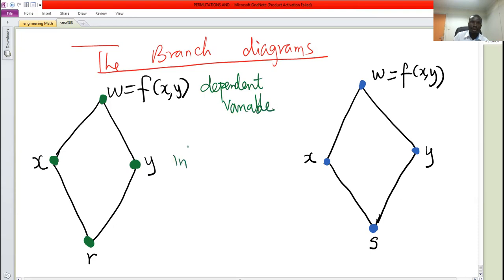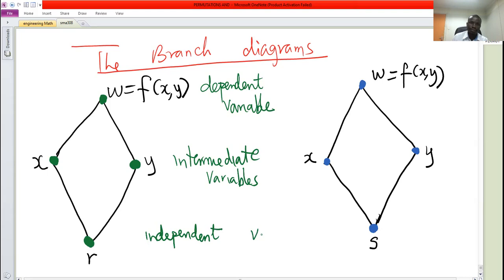And here X and Y are the intermediate variables. And R and S are the independent variables.